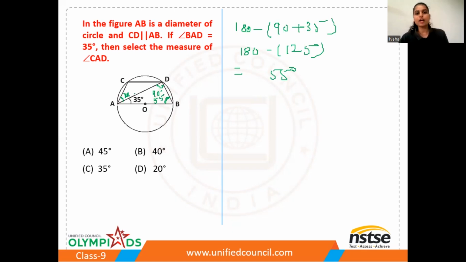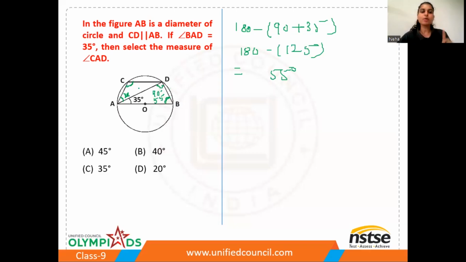Now, can you see one thing in this question, that all four vertices of ABCD lie on the circumference of the circle? So in this case, if angle B is equal to 55 degrees, then the sum of two opposite angles, angle B plus angle C, would be equal to 180 degrees.